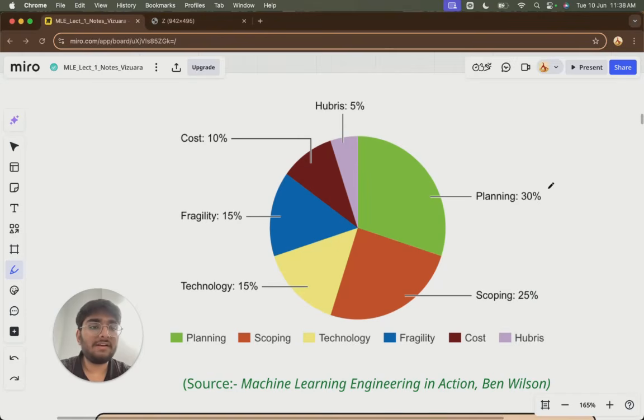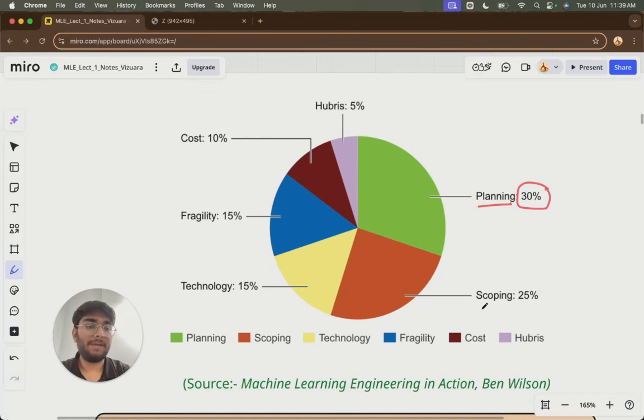As you can see, 30% of projects have been reported as failed due to planning. When you have a vague idea about the project, how can you expect a concrete outcome? Vague ideas will lead to vague outcomes. So you should definitely ask stakeholders about clear requirements and plan your project accordingly.